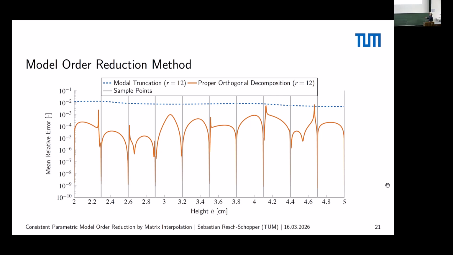But we see that the interpolation error hardly increases between the sample points, so showing that we actually have a very nice match of all the reduced bases and can smoothly interpolate this actual dependency of our full quantities that we want to interpolate. So what is the exact reason behind that?